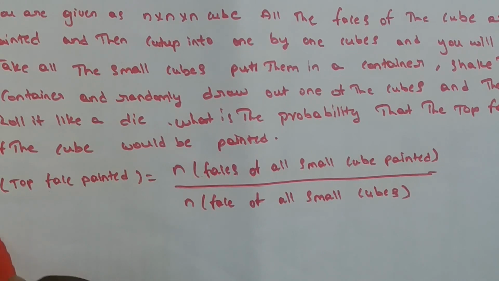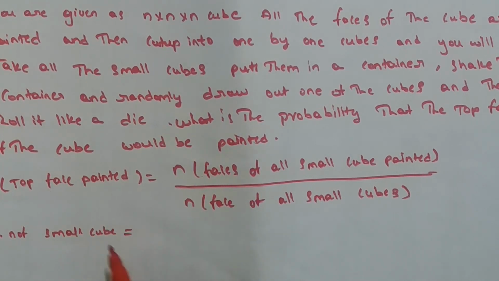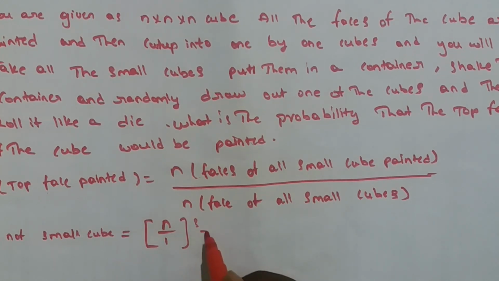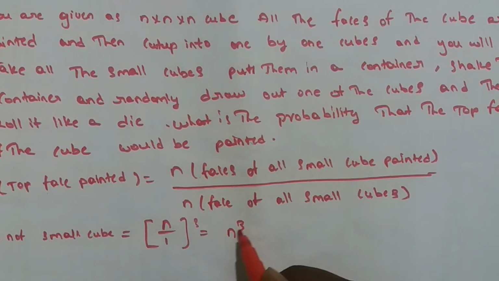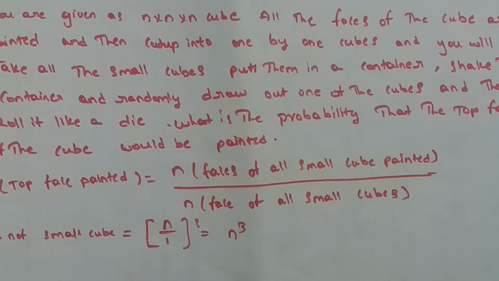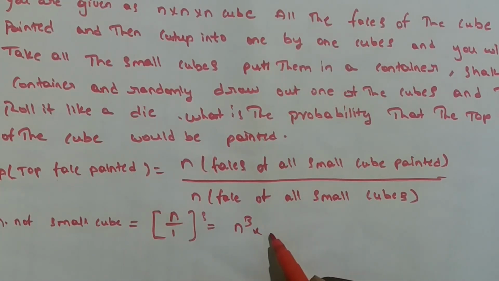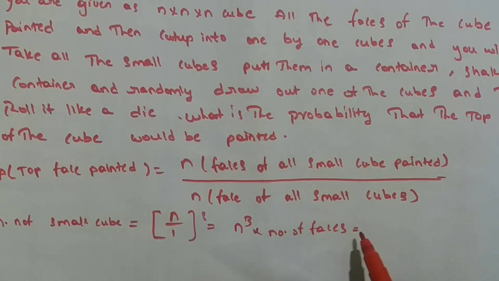The number of small cubes is equal to the side of the big cube divided by the side of the small cube. The side of the big cube is n and the side of the small cube is 1, so it is (n by 1) whole cube, equal to n cube. Then we have to calculate the number of faces.